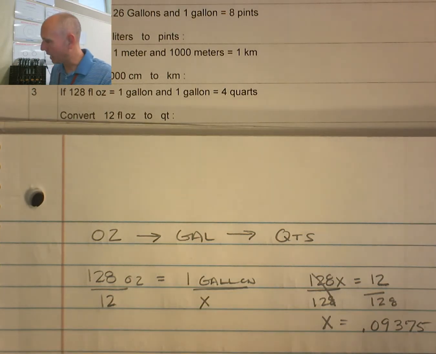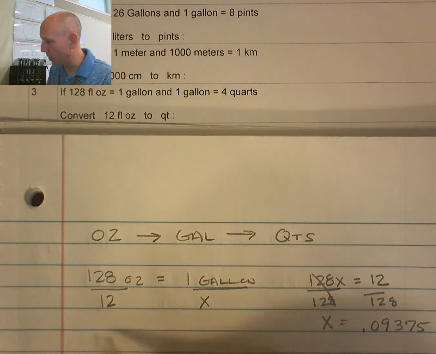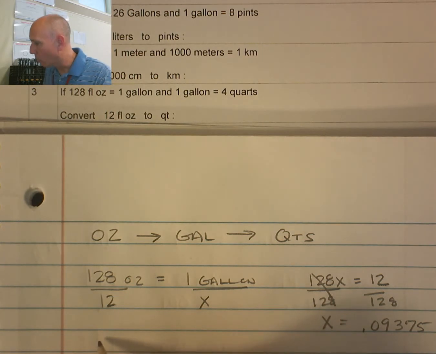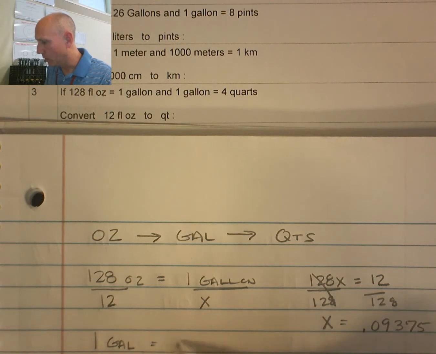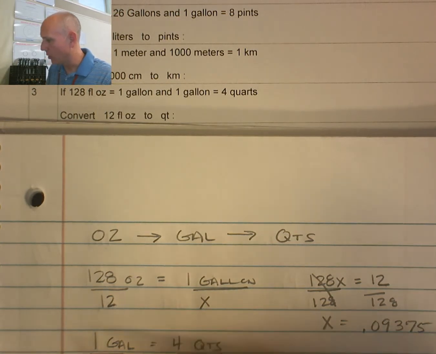Now I have to turn those gallons into quarts. What's the connection between gallons and quarts? 1 gallon equals 4 quarts. What do I have? I have 0.09375 gallons to x. Cross multiply and divide.